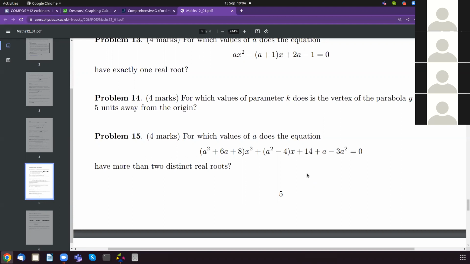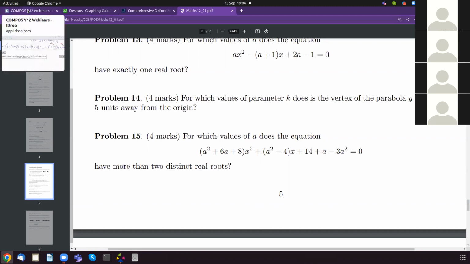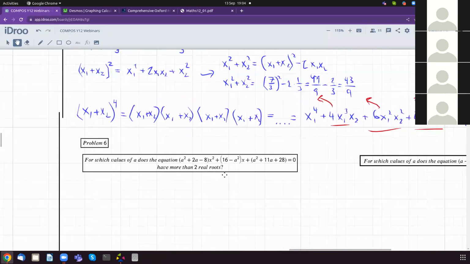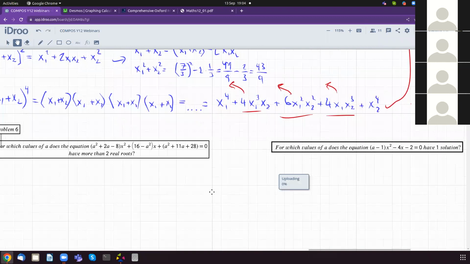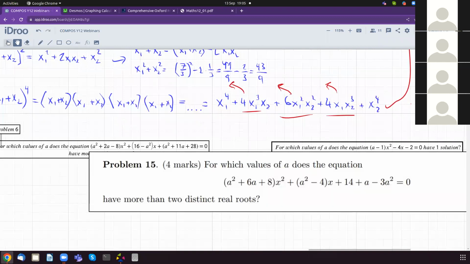You might want to change a for a different variable like d, so you can use b squared minus 4ac and avoid getting the a's mixed up. Using that, you just expand out b squared minus 4ac, because you know when b squared minus 4ac is above 0, it's going to have 2 real roots.